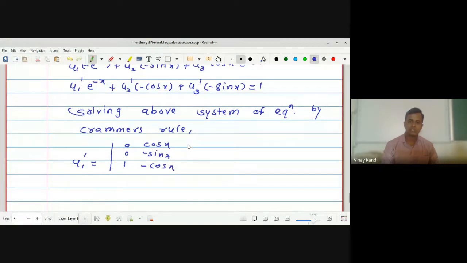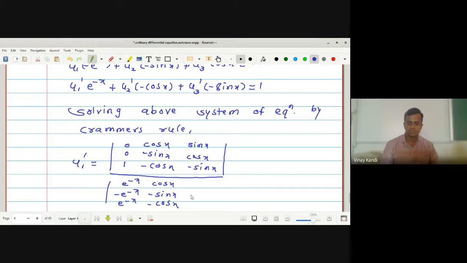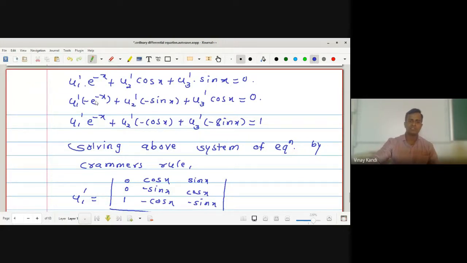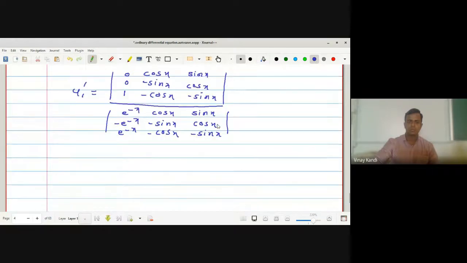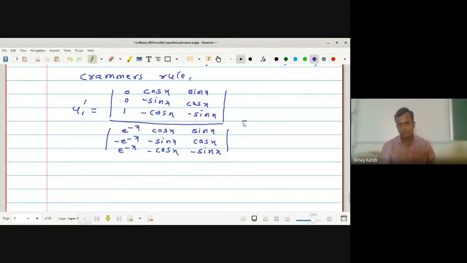The third column is sin x, cos x, minus sin x. The denominator is e raised to minus x, minus e raised to minus x, e raised to minus x, then cos x, minus sin x, minus cos x, and sin x, cos x, minus sin x. This is your first column, this is your second column and this is your third column. Solve, and tell me its value. Solve the determinant. What are the numerator and the denominator? Solve.